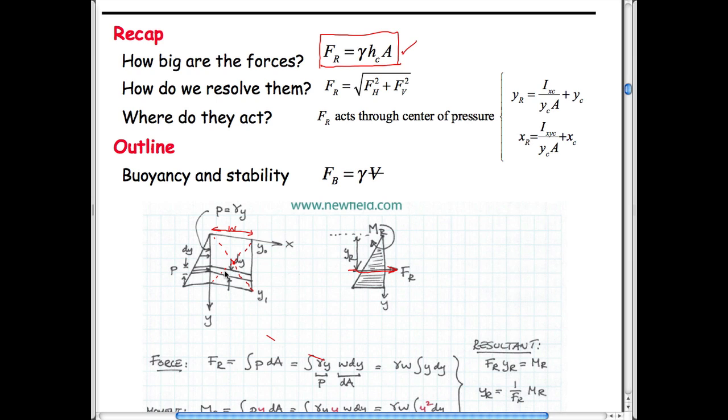And so the depth of that in this particular case is, I guess, y1 over 2, right? So in this particular case, this is h_c, which is y1 over 2, because this is the water surface in this particular case. All our derivations were relative to that. And importantly, this height is the vertical distance, vertical depth.